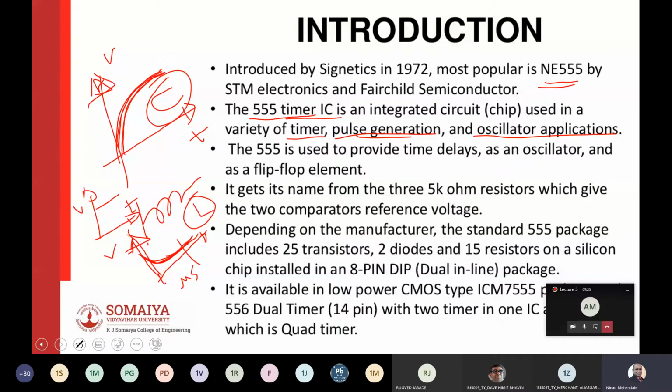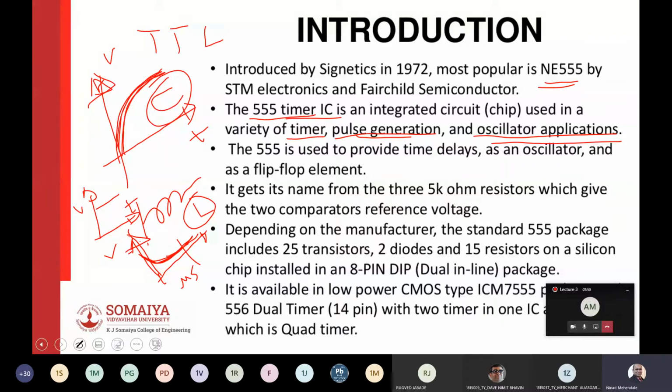Next very important application is oscillators. Now, typically these oscillators give only a rectangular wave or square wave, and in some applications we call it a triangular wave generator also. But we need wave shaping circuits to generate a sinusoid out of IC 555, because IC 555's output is TTL compatible. When I say TTL, it means transistor-transistor logic.